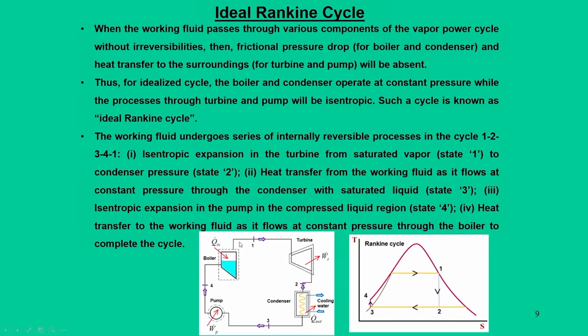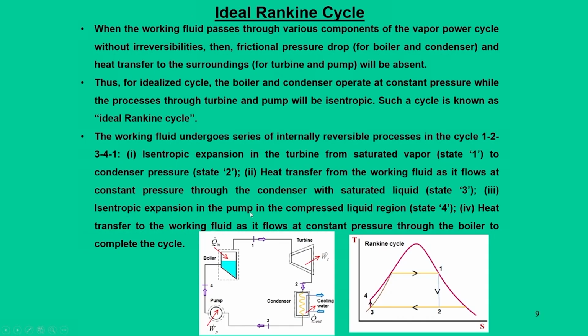For the ideal Rankine cycle whose thermodynamic properties and cycle analysis we have done, we assumed an isentropic expansion in the turbine. The heat transfer of the working fluid in the boiler as well as in the condenser occurs at constant pressure.